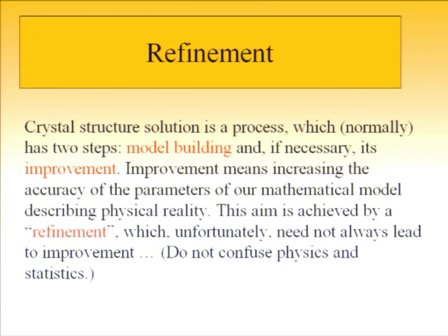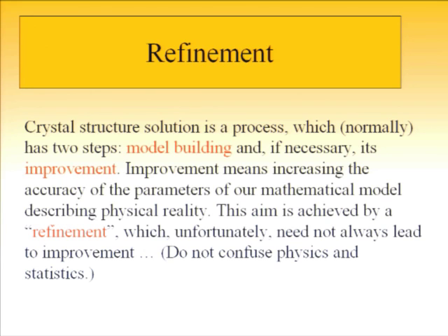Going back to the second point, what's refinement? I wonder if it has been defined here. This is a working definition for me: a refinement is a process which improves the initial model. Improvement means increasing the accuracy of the parameters and not the precision.